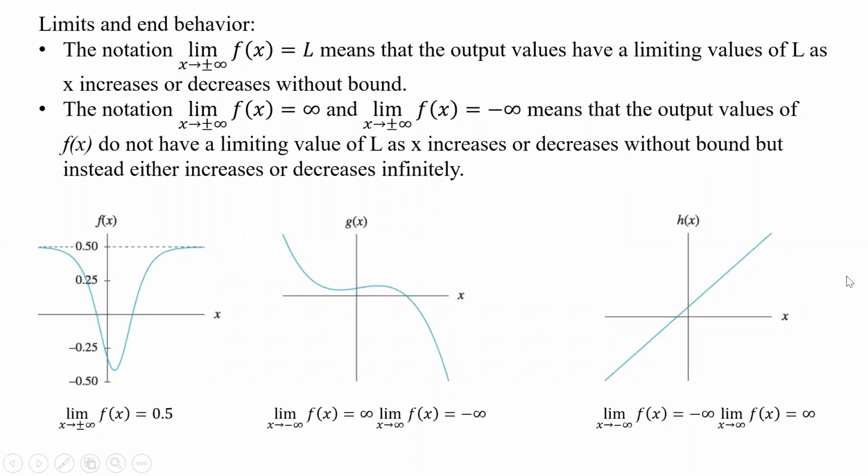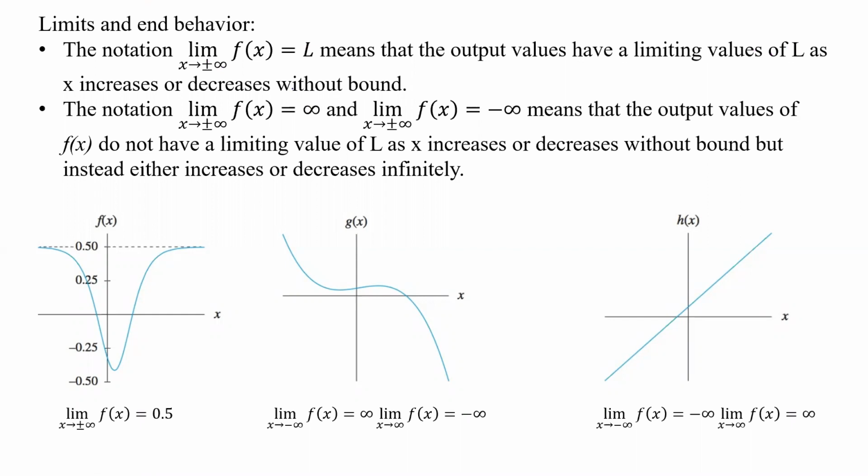All right, so some limits and end behaviors. So the notation, the limit of f of x as x approaches either positive or negative infinity is equal to L, means the output value has that limiting value of L, okay, as x increases or decreases without bound.